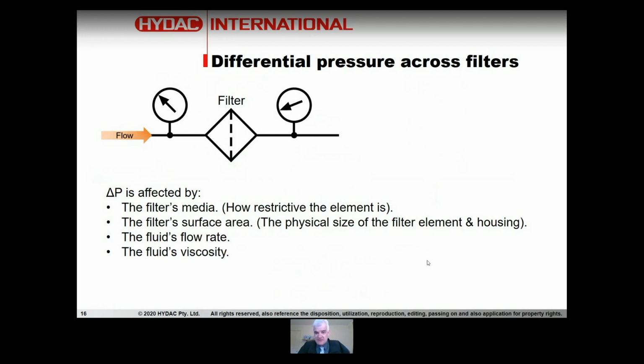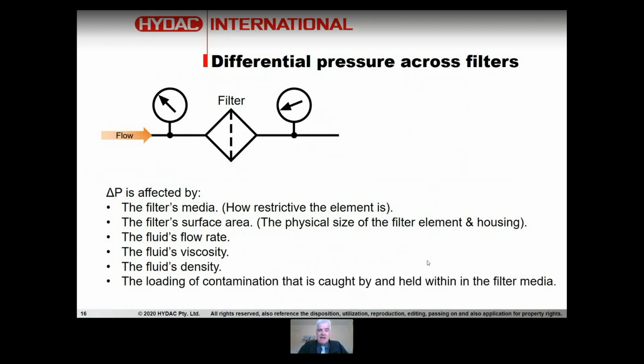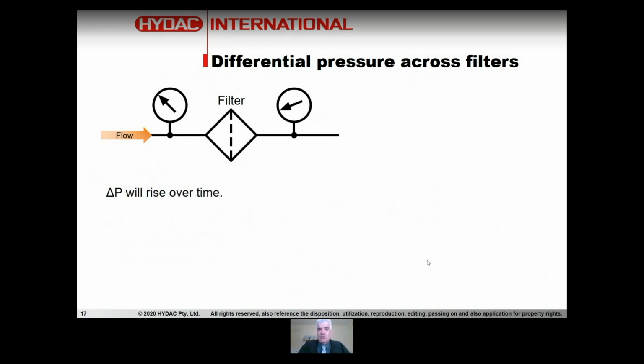The fluid's viscosity is definitely going to have an effect, and that's influenced by temperature. The fluid's density will change the differential pressure, and so does the loading of contamination that is caught by and held within the filter media. So essentially, pressure differential will rise over time. Now, you're going to get changes in all of those things, but what we're really trying to measure here is what our loading is with regards to contamination, so that we know when to replace the element.